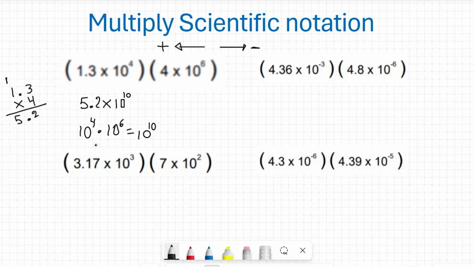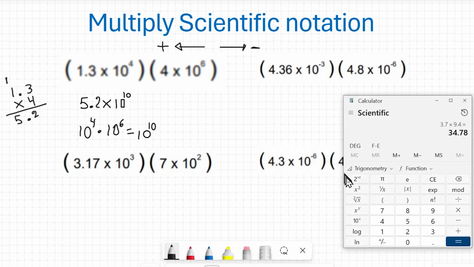Okay. Now, the next one. For the next one, I'm going to use the calculator to multiply 4.36 times 4.8. So let me go ahead and start multiplying. That will be 4.36 times 4.8.